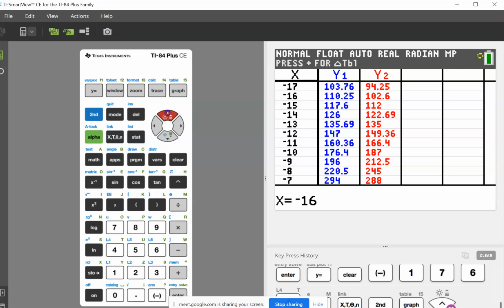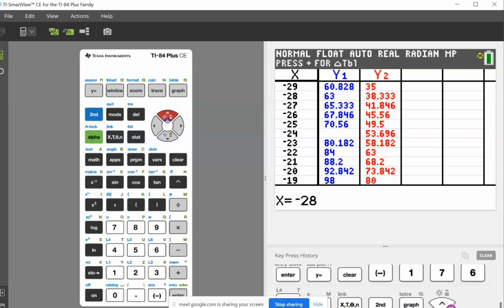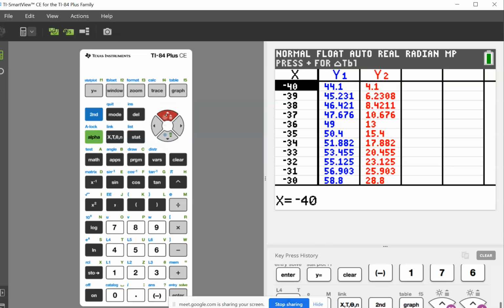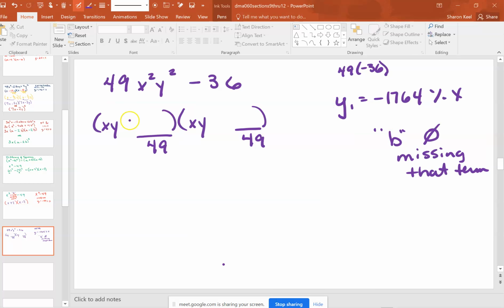So just keep going a little ways. It'll be there in a moment. We're almost there. We're down to single digits. All right, positive 42 and negative 42.